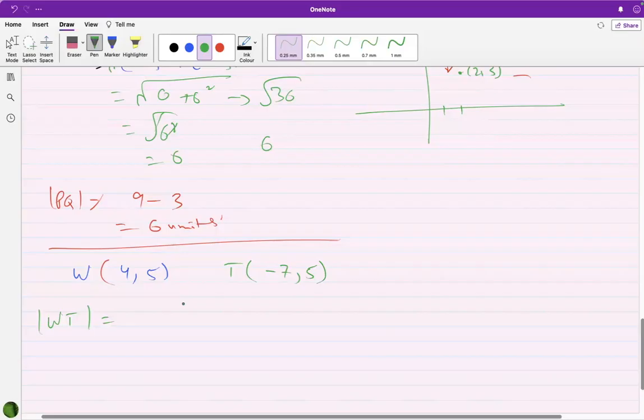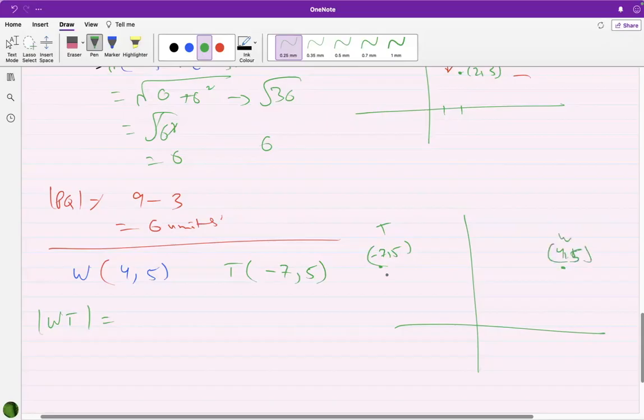Because the y doesn't change. Yep, 11? 11. So y is not changing. It is greater value minus the lesser value. So 11 units.